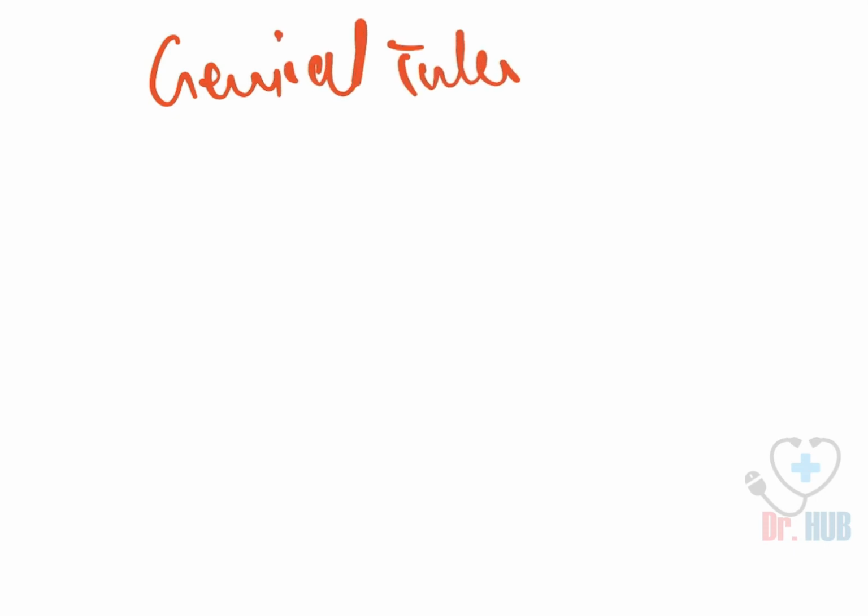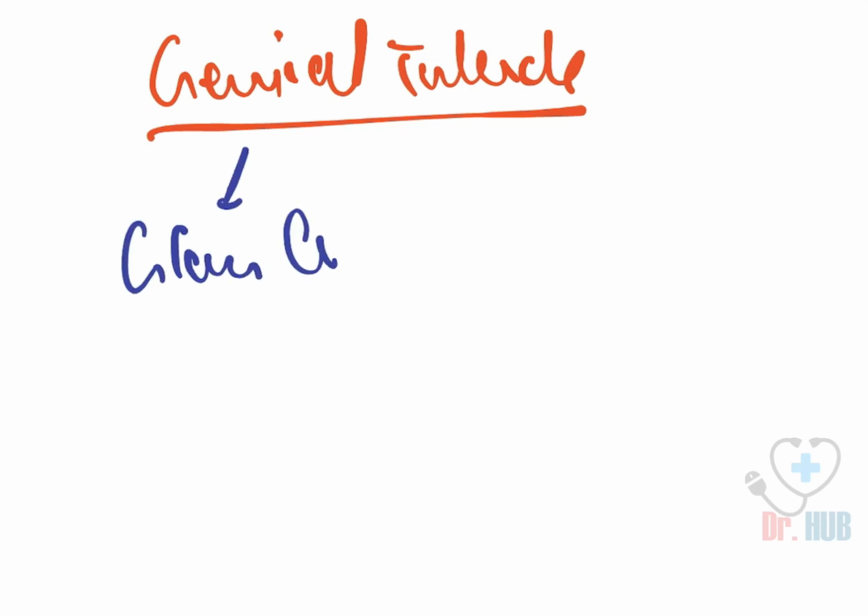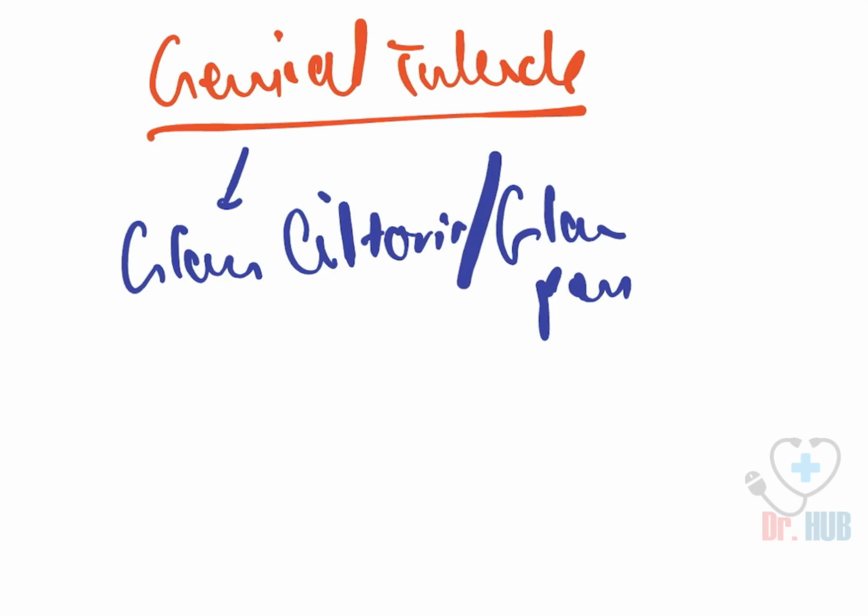Then we move on to the genital tubercle. So genital tubercle, in case of the females, it is the glans clitoris. And in case of the males, it is the glans penis.